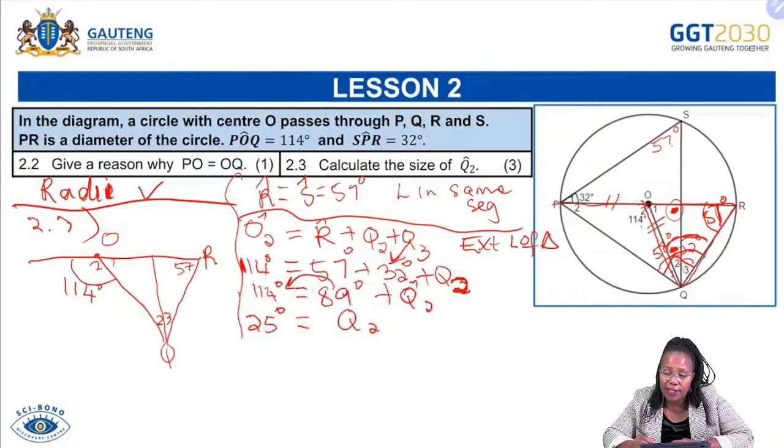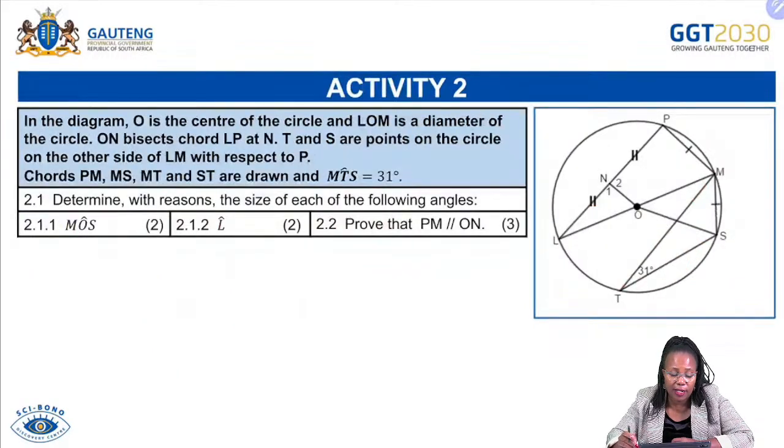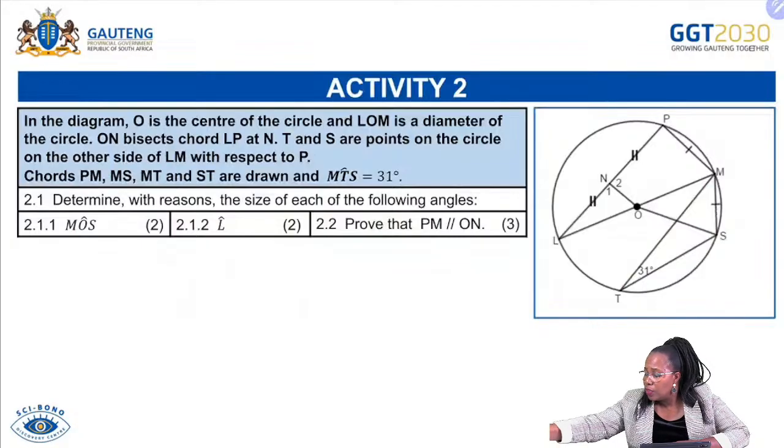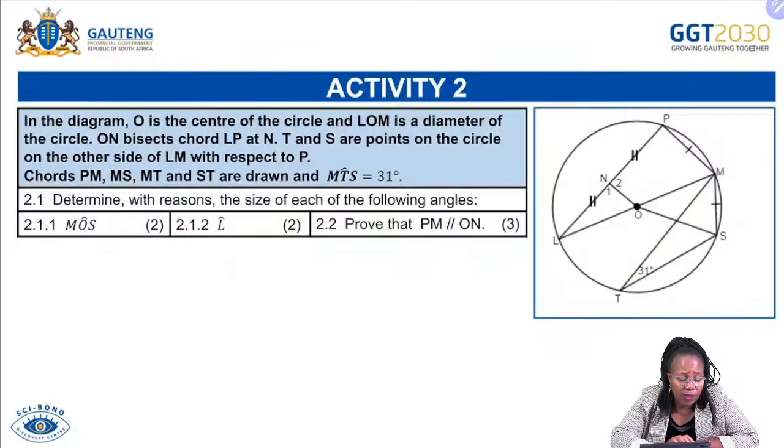Remember, we have identified the center angles, and then now we ended up with that particular angle. And then now let's look at this activity, the next one. In this statement, it says in the diagram, O is the center of the circle, and LOM is the diameter. The minute they say the diameter, that means they are saying the angle is 90 degrees.